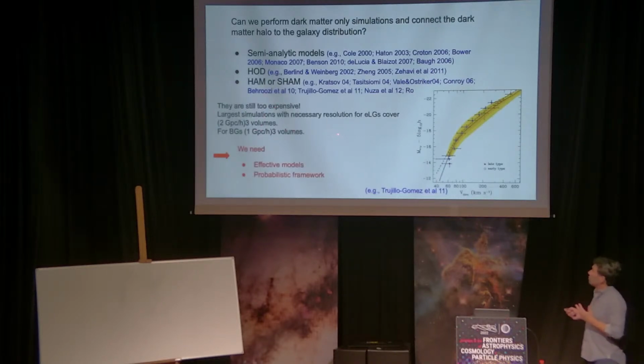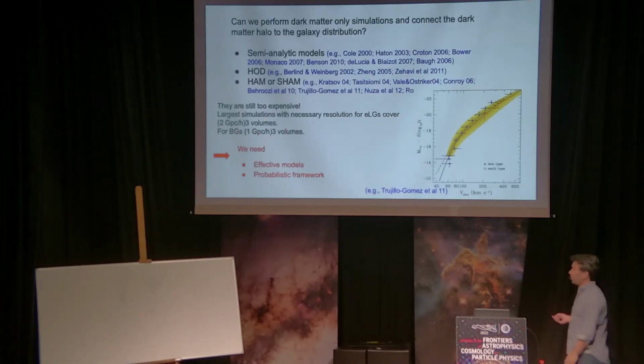The largest simulations with necessary resolution for emission line galaxies, for instance, cover 2 gigaparsec per inch cube volumes. If you are interested in bright galaxies and you want to go to 10 to the 7 solar masses halos, resolve them, then the largest simulations are about 1 gigaparsec cube volumes.